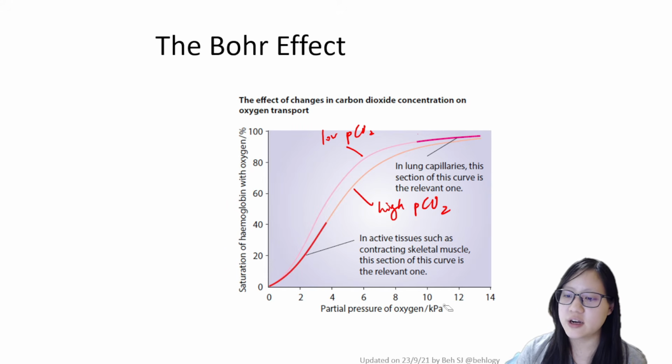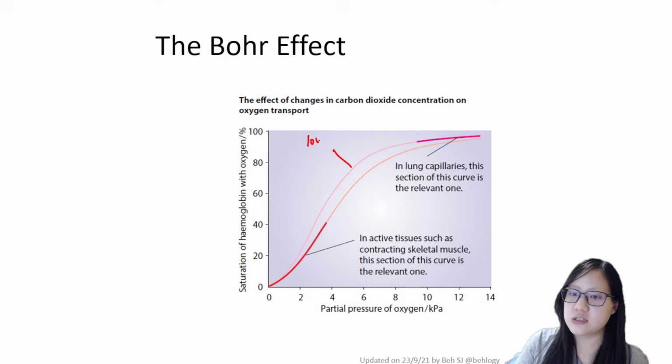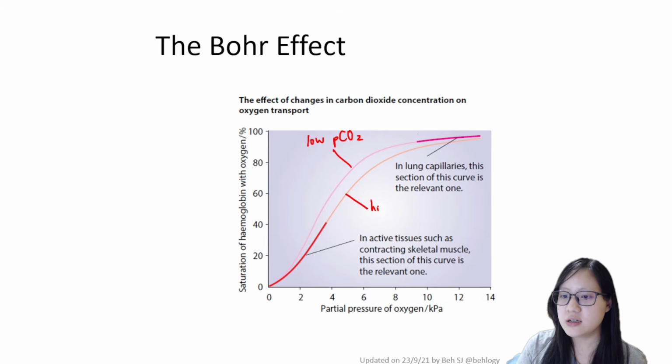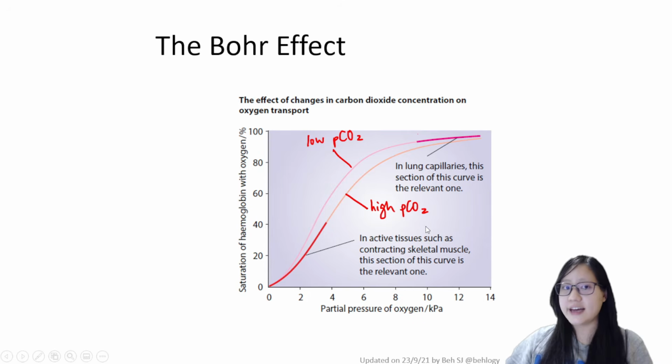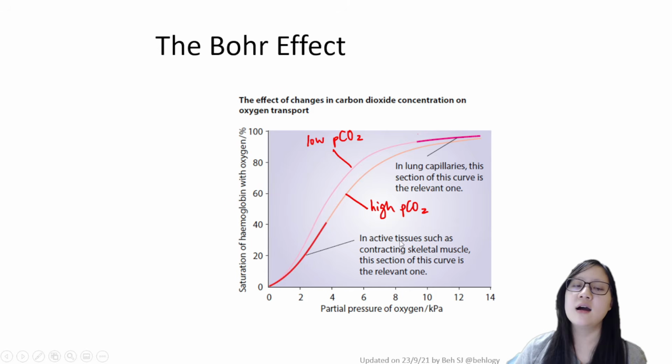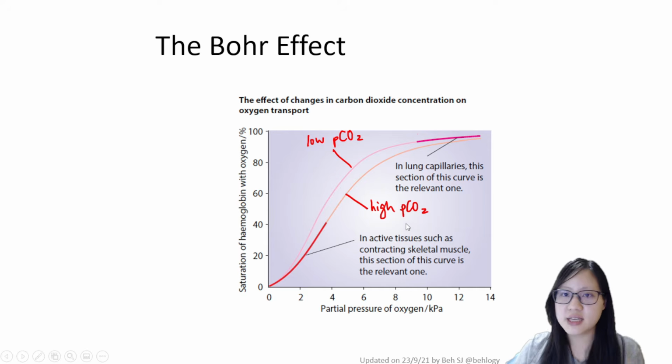Look at this curve right here. Okay, I know my writing is pretty messy. Let me just erase it. This line here is for low partial pressure of CO2. This line here is for high partial pressure of CO2. Now, just like just now, we always refer to the lung and the respiring tissues because that's the end goal, right?